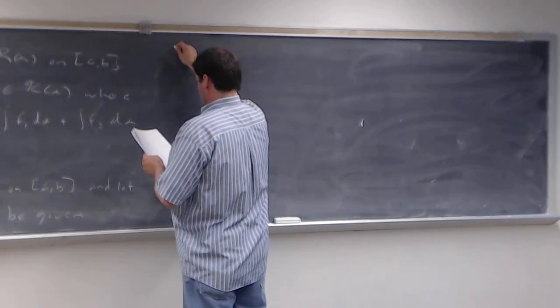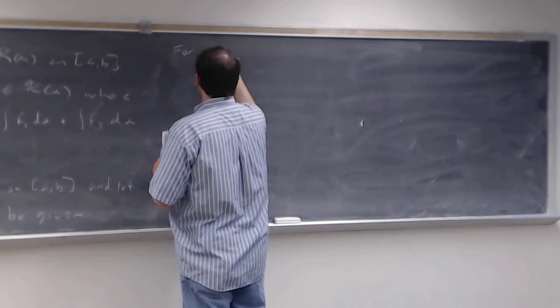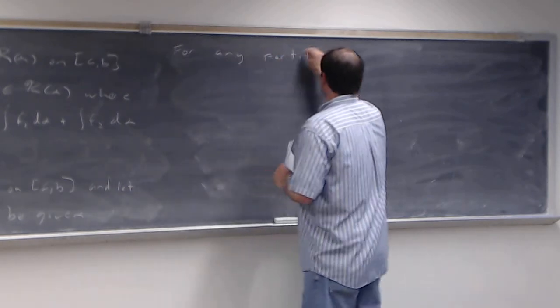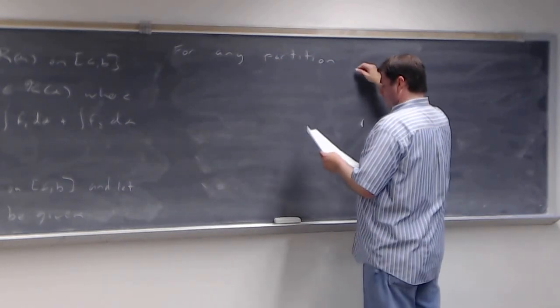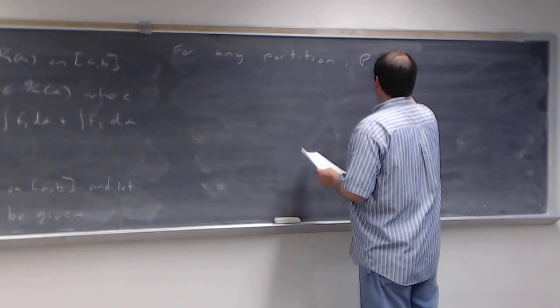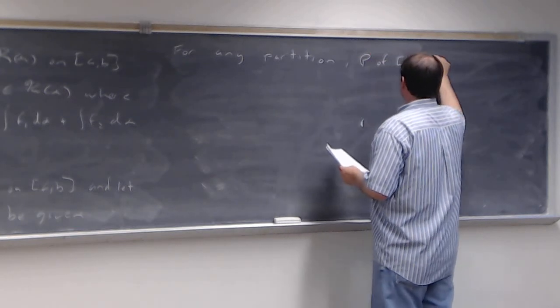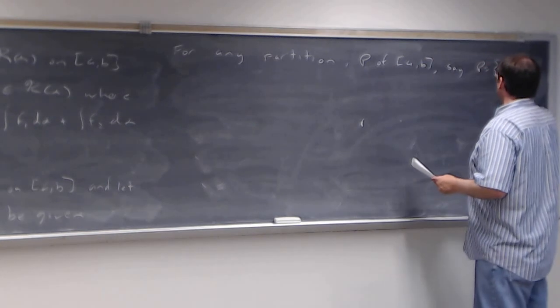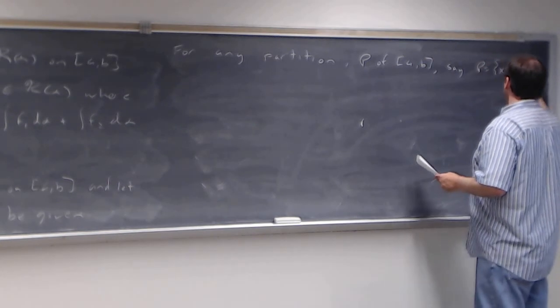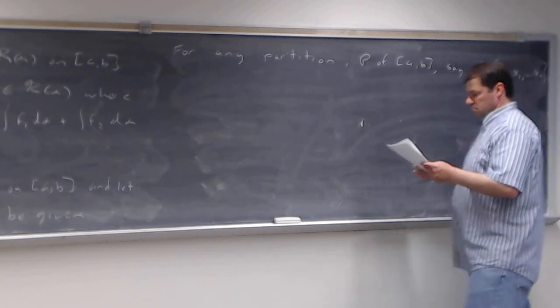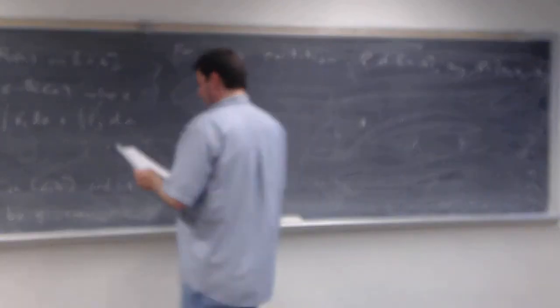Now, for any partition script P of A to B, say P equals x sub 0, x sub 1, all the way up to x sub n. Okay?